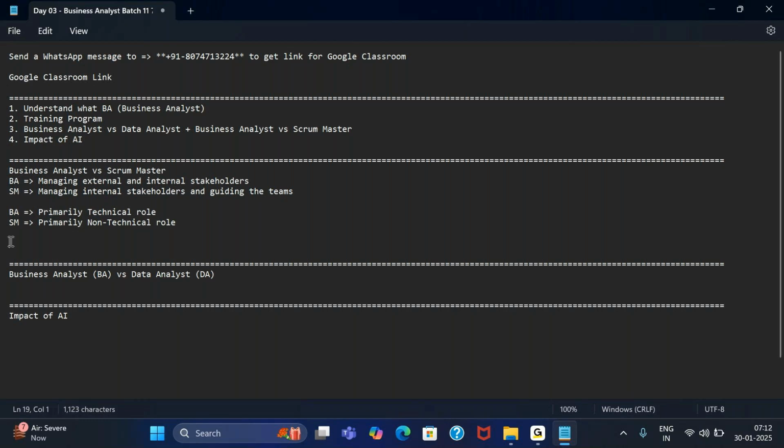In the days leading up to COVID and during COVID, what I realized is a BA has better job security than a Scrum Master. What's the reason for that? Like I said, as long as you are in the technical areas of software development, you will have better job security.